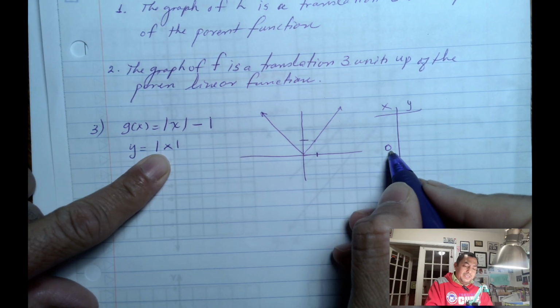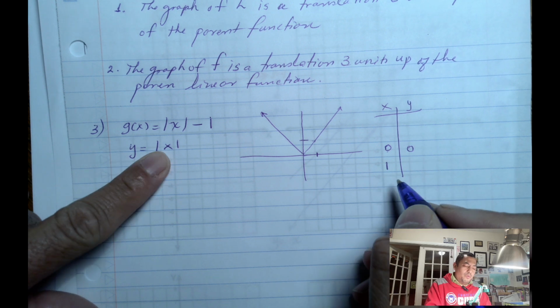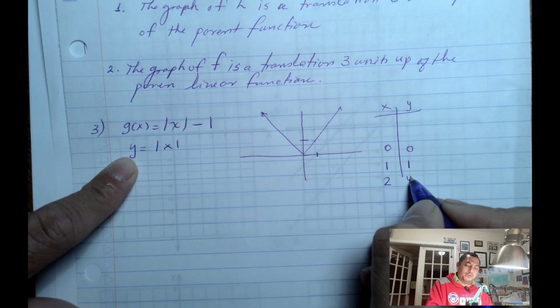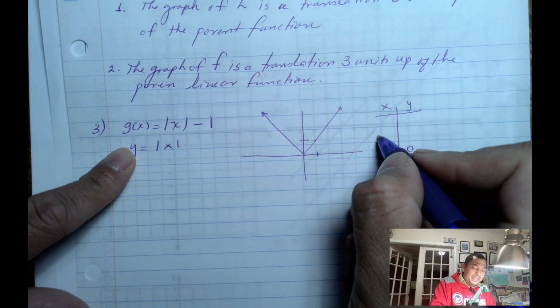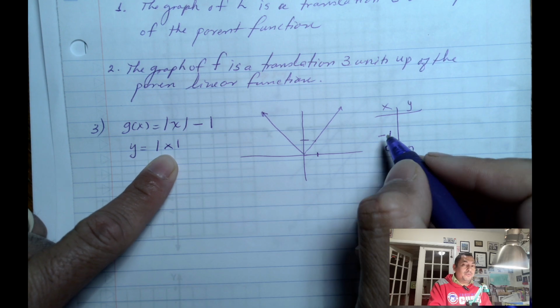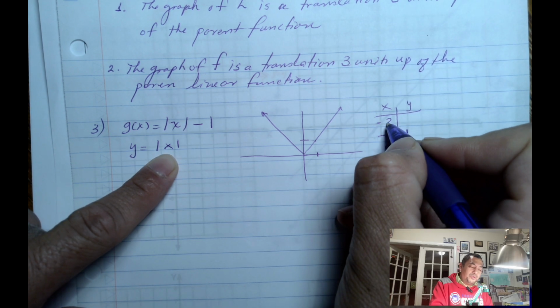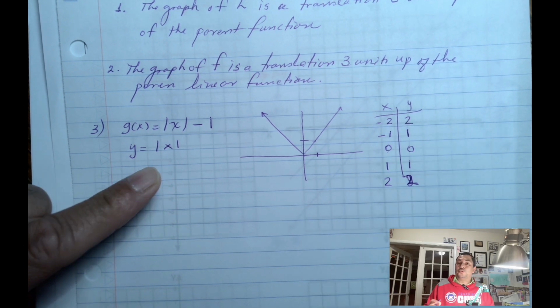If x is equal to 0, y is equal to 0. If x is equal to 1, y is equal to 1. If x is equal to 2, y is equal to 2. Now, if x is equal to -1, the absolute value of -1 is 1. If x is equal to -2, the absolute value of -2 is 2.